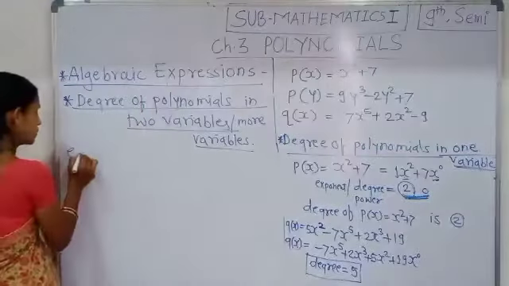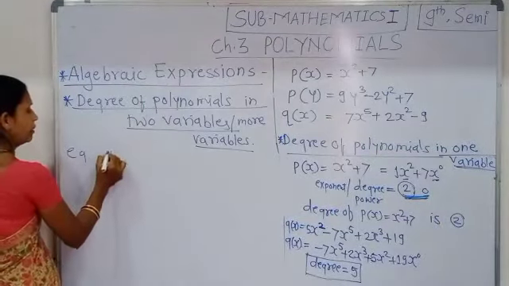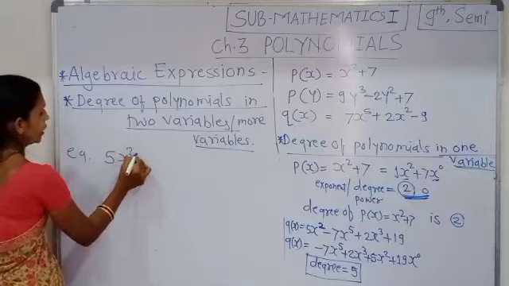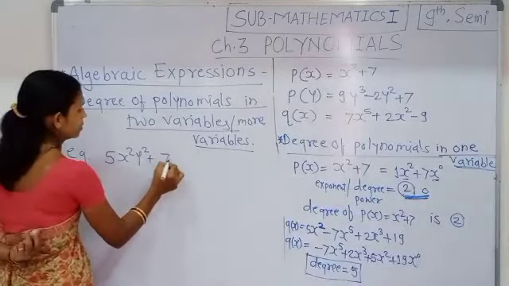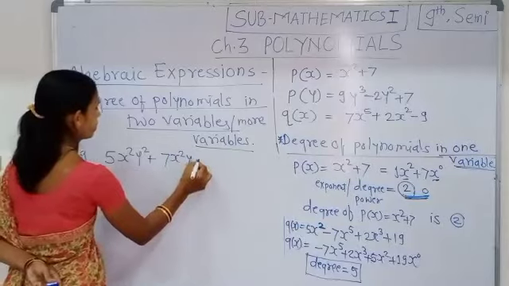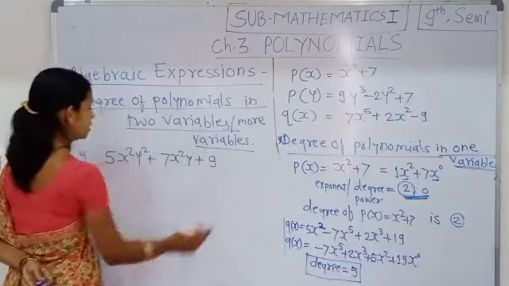Then see here, for example, 5x square y square plus 7x square y plus 9.